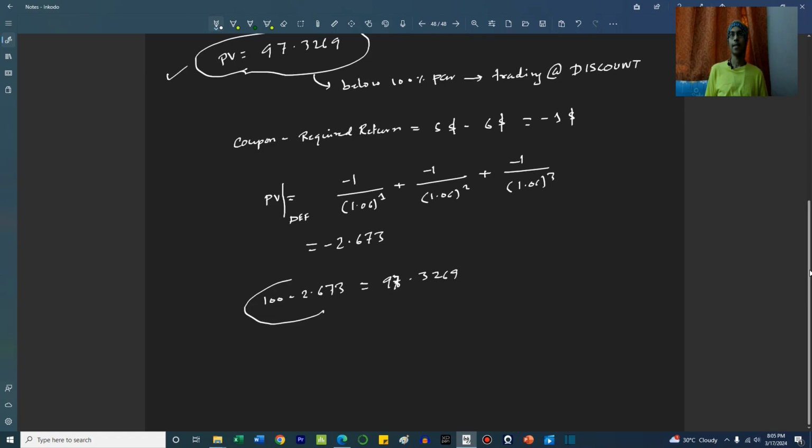And this is exactly the value that we got from calculating the present value of the bond. So this is just another way of finding out the value of the bond, this time from the route of deficiency.